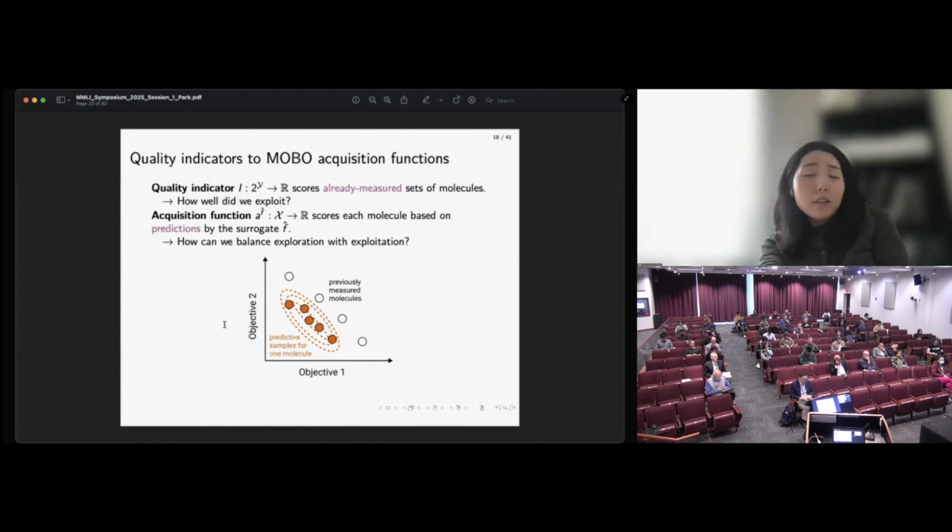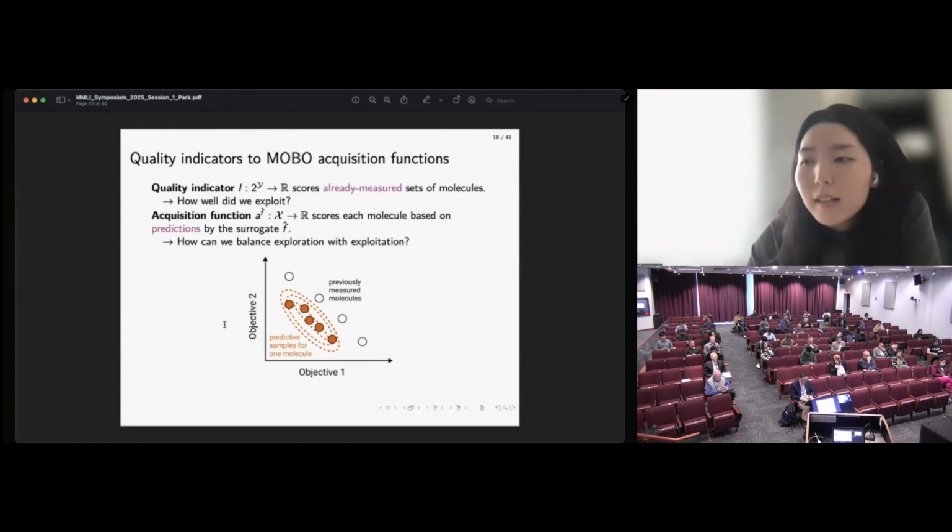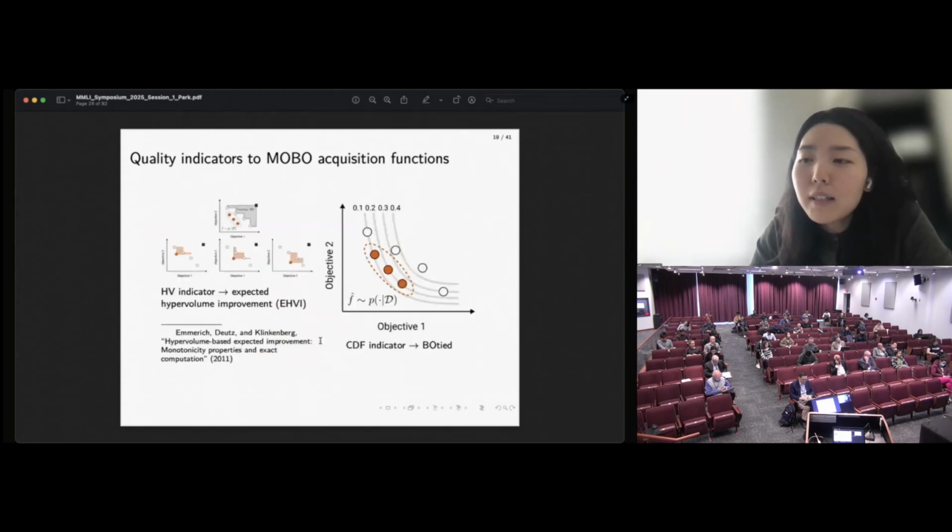We talked about the HV and the CDF quality indicators, and these are objects that score sets of molecules that we've already measured in the lab. So say the white circles here. The acquisition function is a very similar object that scores each molecule that's yet to be measured based on the predictions by the surrogate model that is shown in orange. These are related objects, and quality indicators can be used to define the exploitation portion of the acquisition function.